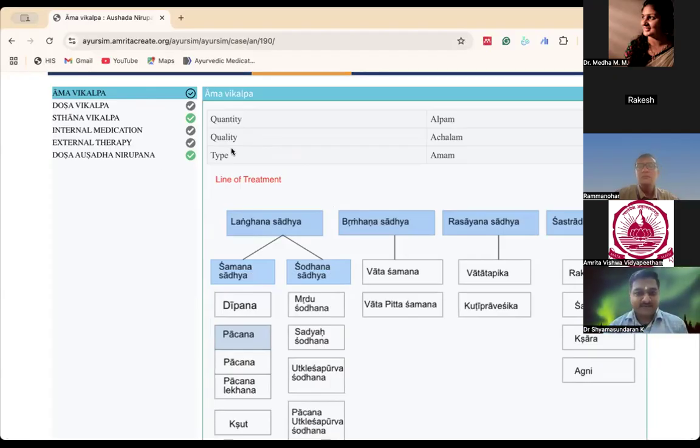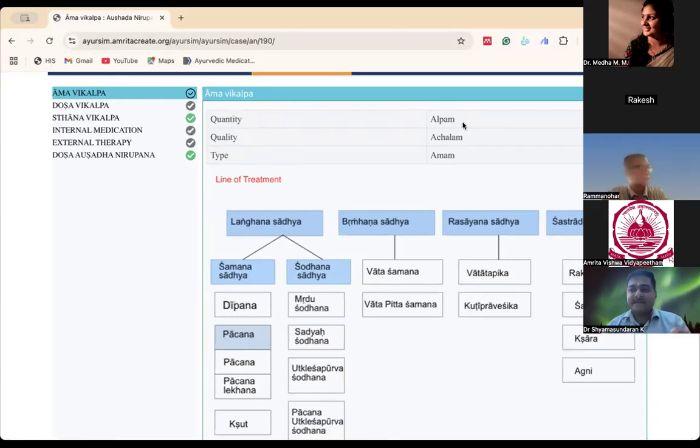That is what is called ama vikalpa. First is the state of ama. What is the state of ama in that particular disease? When you consider state of ama, there are three major things: the quantity of ama, the quality of ama, and the type of ama. For example, quantity means alpa ama.